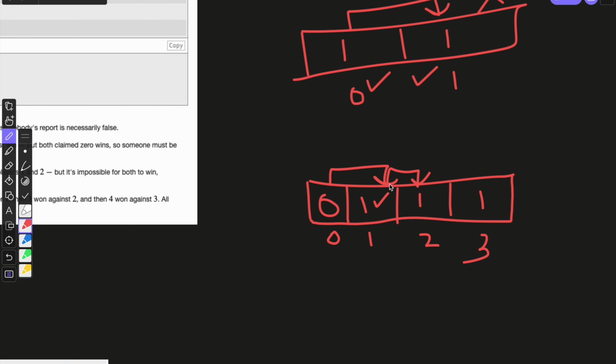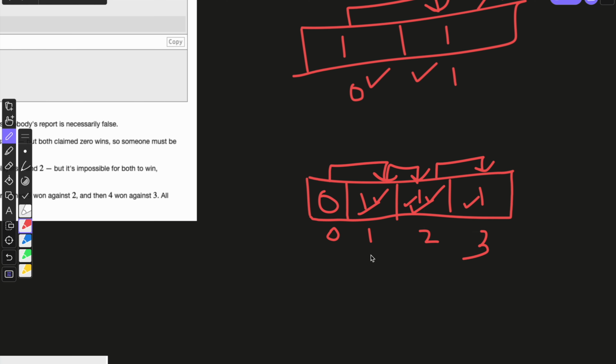It is possible. Here we can see that player 2 has won. So 1 here does not indicate the number of times the player has won. It indicates that the player has won at least one or many times. So it can also be the case that player 2 has won one time, and when players 2 and 3 fight, it can also win one time.